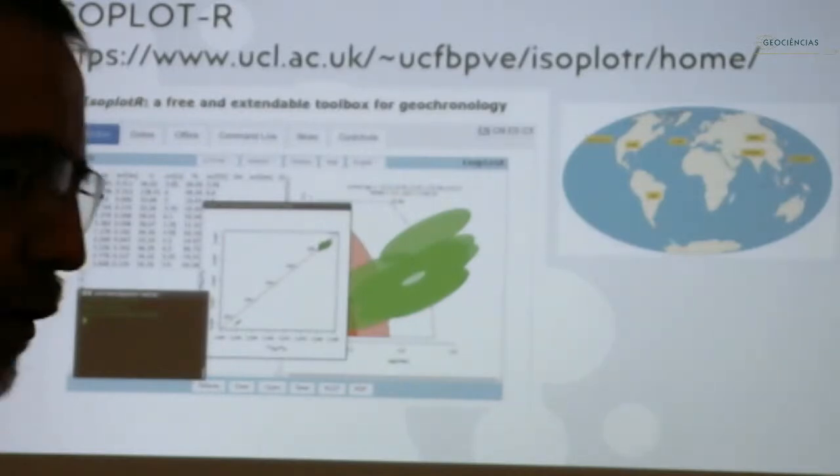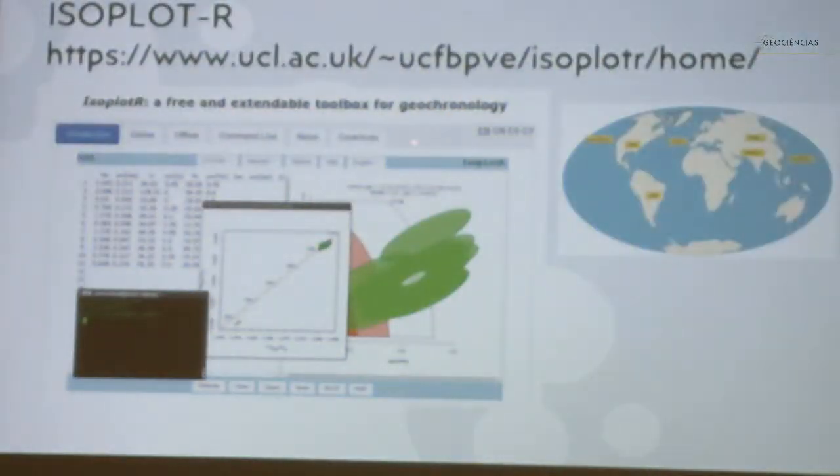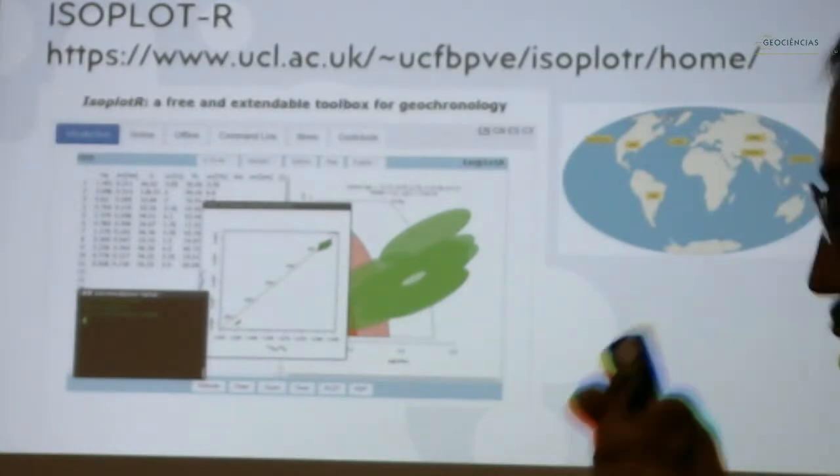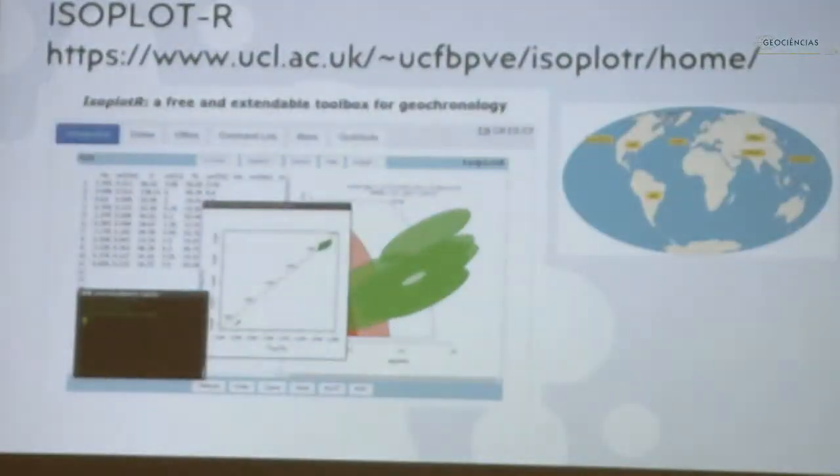IsoplotR, on the other hand, is this. You can find it at this web address, and this is the interface where you come and start working. And I'll show you in a second how it works. There are several mirrors in different parts of the world, which is good for most things.